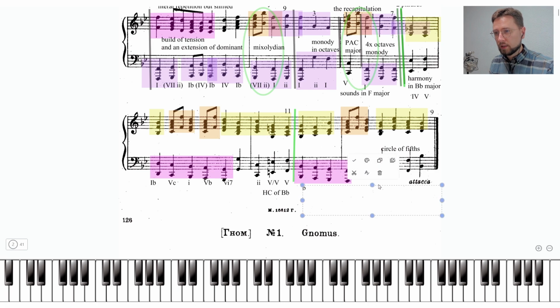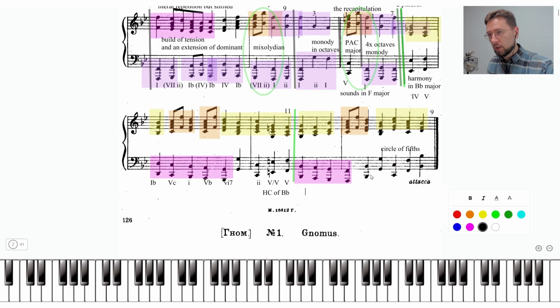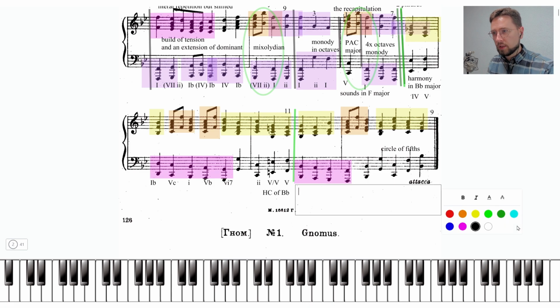So let's analyze this harmonically. We have tonic. Well, it's not tonic, it's the 6th degree. I'll put it from here. We have the 6th degree in first inversion. That goes to the dominant in first inversion. That's the 6th degree again. So a little bit of that Dorian feel. Then we have the dominant that goes to tonic. 6th degree that goes to the 2nd, and dominant to tonic.